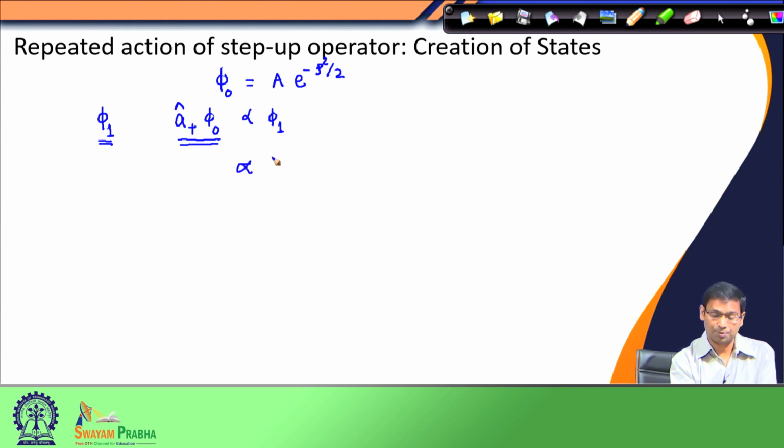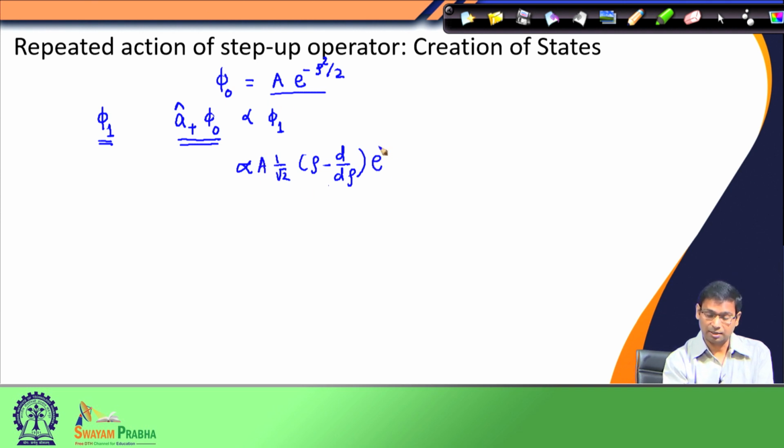So, this is proportional to 1 over root 2 rho minus d by d rho. This is the a plus operator in dimensionless coordinate, acting on phi 0. Instead of writing phi 0, I will use the functional form. I have a, which is a normalization constant. I am keeping that constant here and writing down e to the power minus rho square by 2.